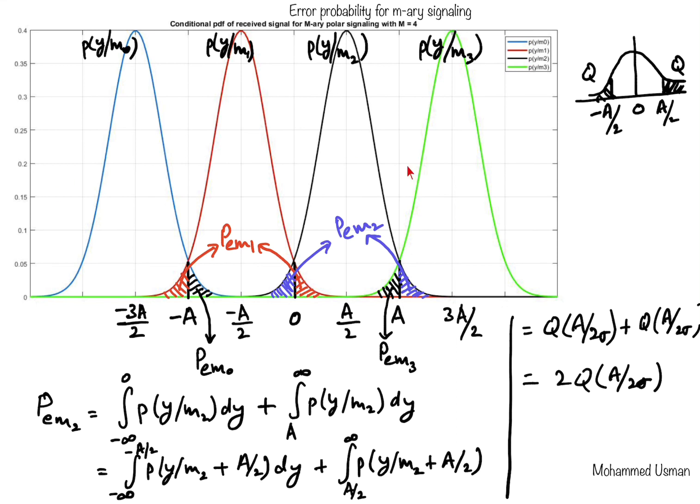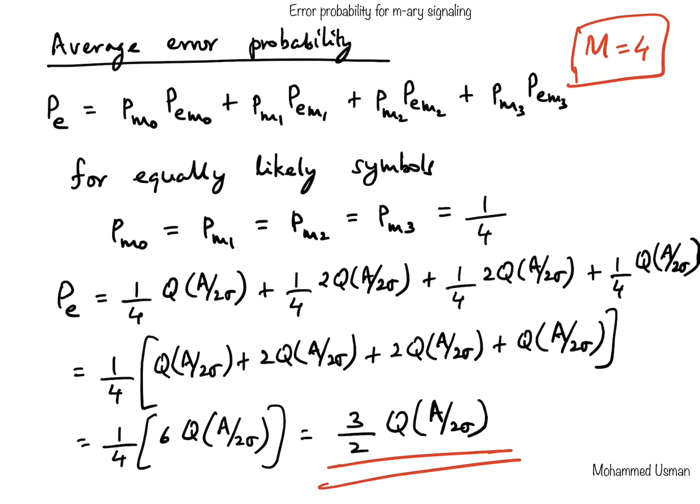So if we do it for M equal to 8, we will have 2 more to the right and 2 more to the left. Out of them, the extreme left and the extreme right will have an error probability of Q. The remaining 6 in the middle will have an error probability of 2 times Q of A by 2 sigma. Using this idea, we will get the general expression for the error probability for any value of M.